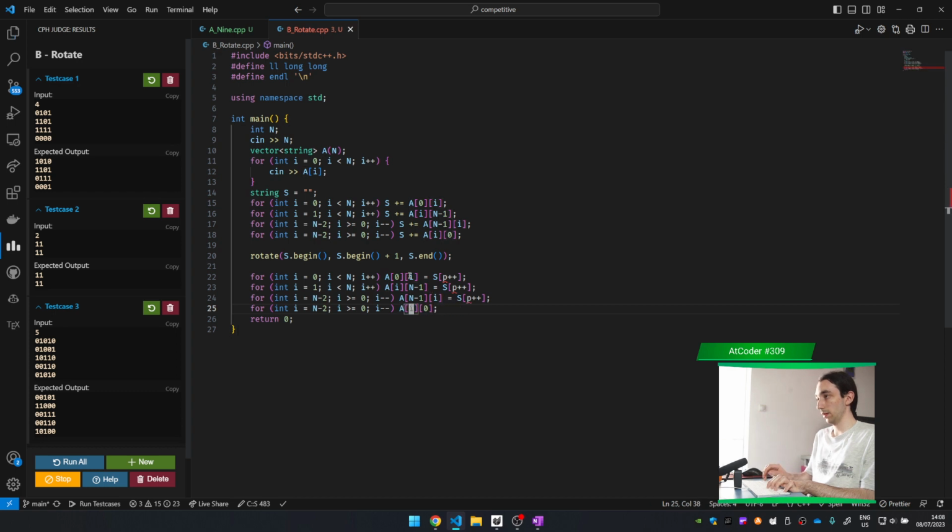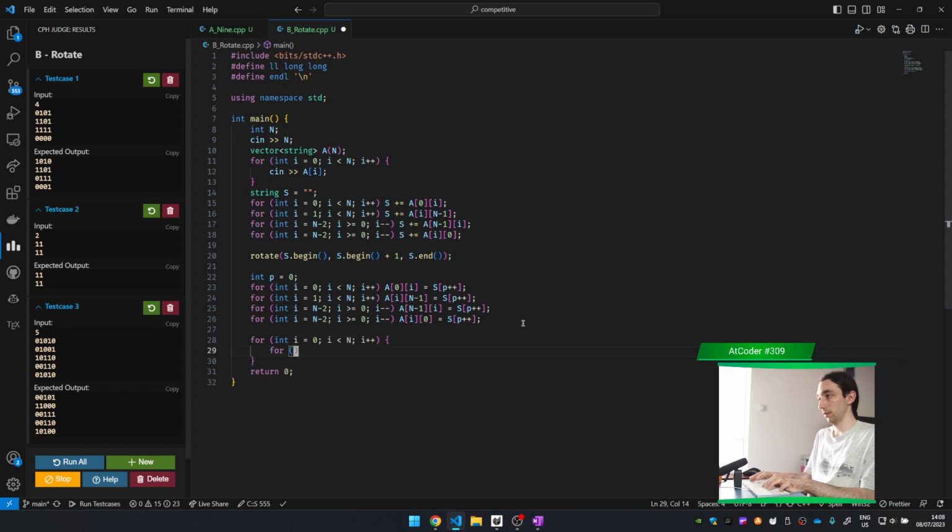So I'm just putting it back, and this p will be just like a pointer, and then I will print out the whole matrix. Oh, this is n. I mean, I just need to print out this.